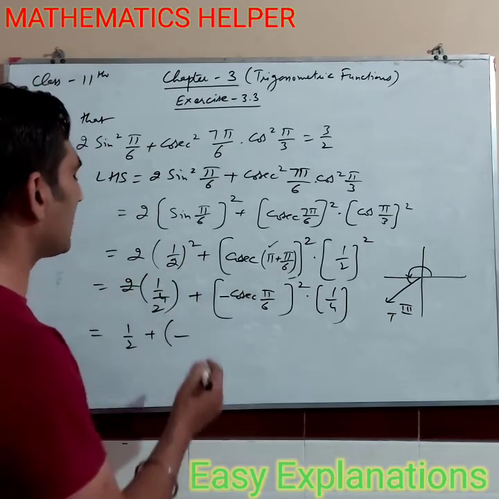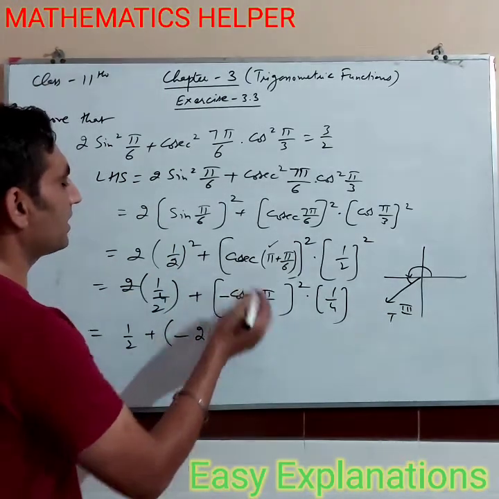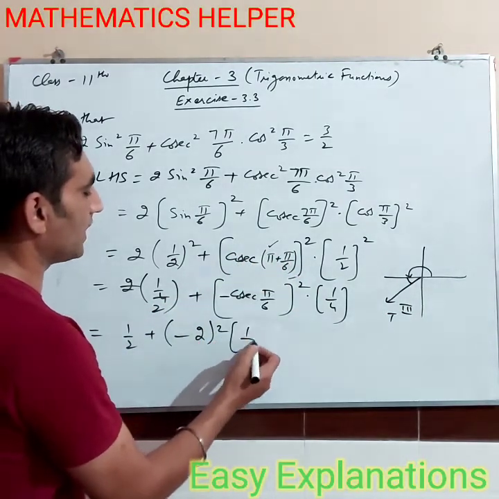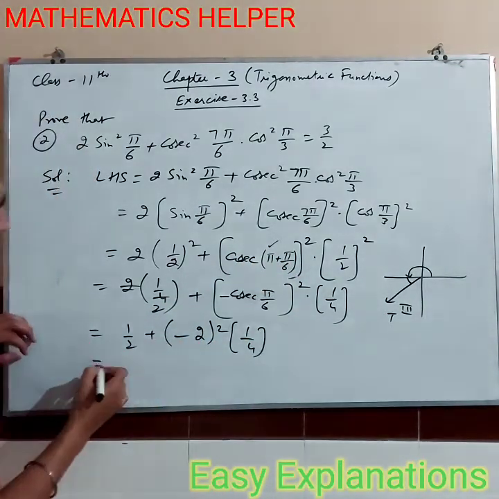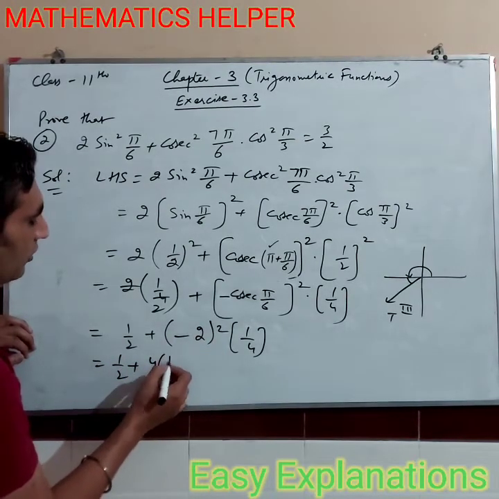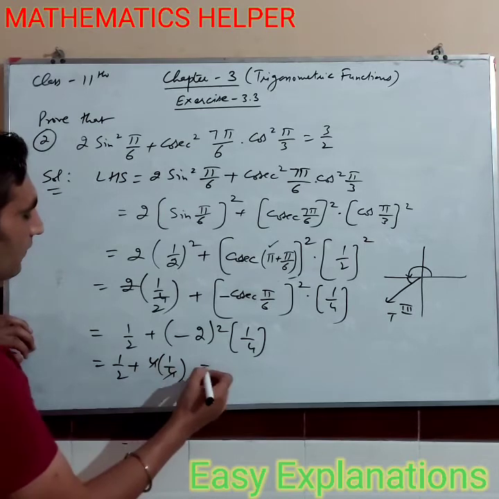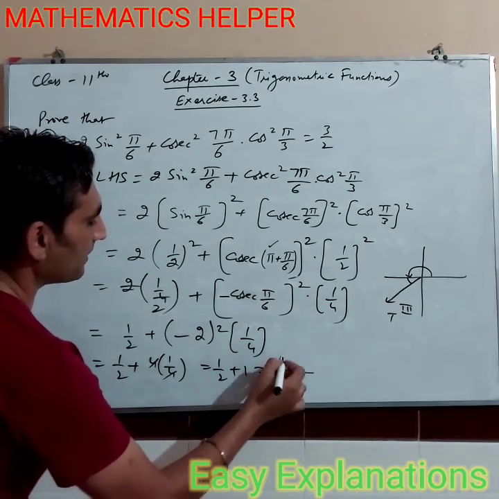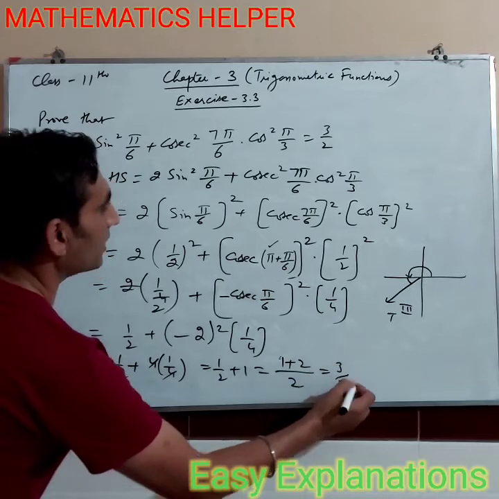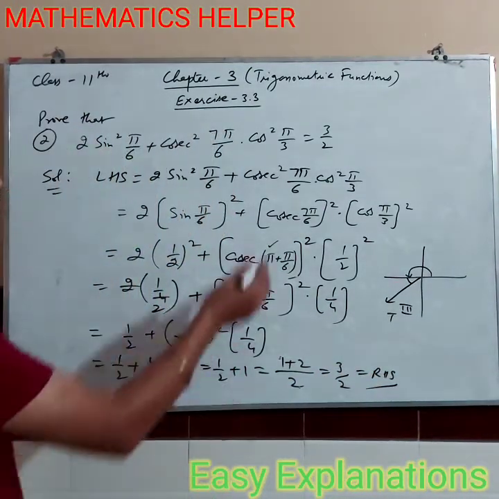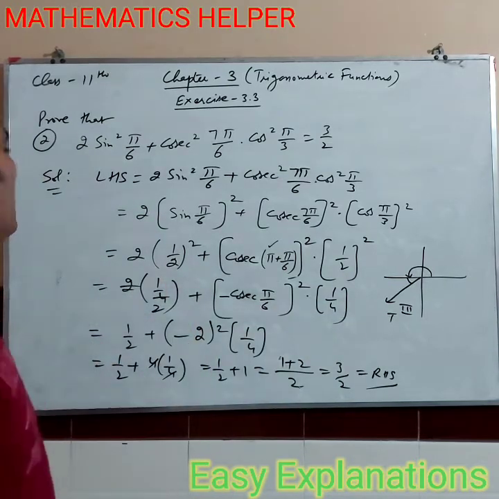So it will be minus 2, since the reciprocal of 1 over 2 is 2. So minus 2 square into 1 over 4. Here you can mark 1 over 2 plus minus 2 square, 4, into 1 over 4, which is 1 over 2 plus 1, or LCM is 2, 1 plus 2, or 3 over 2, which is the same as the right side of the equality. So students, try to remember this method of marking in an easy way.